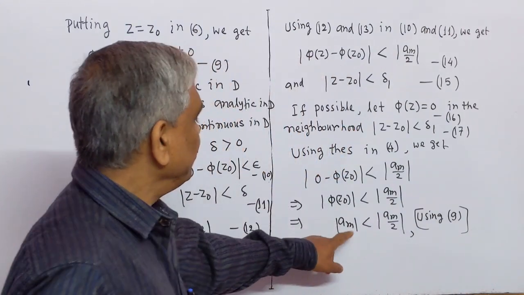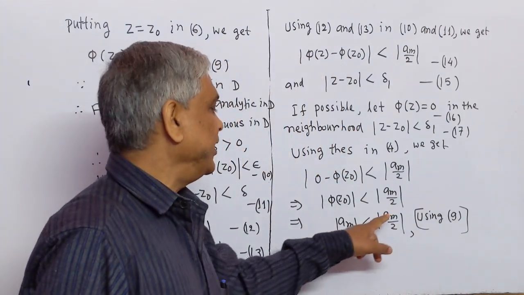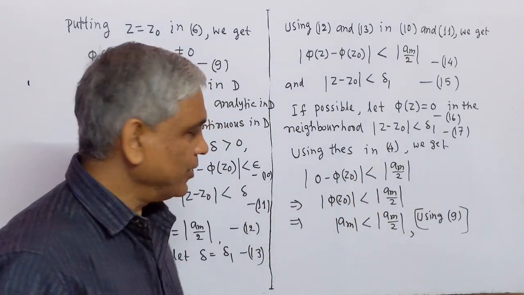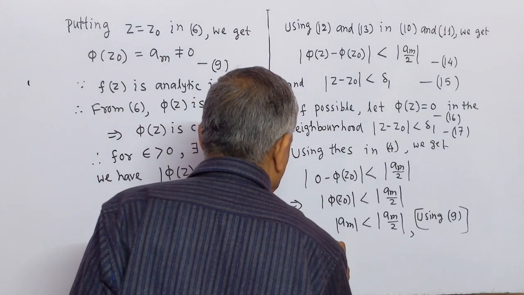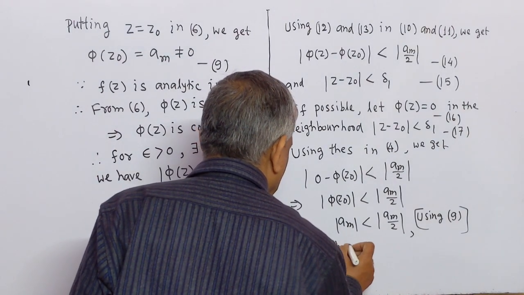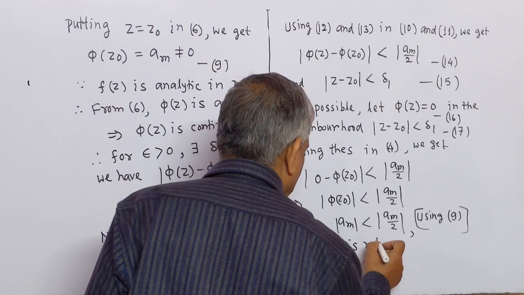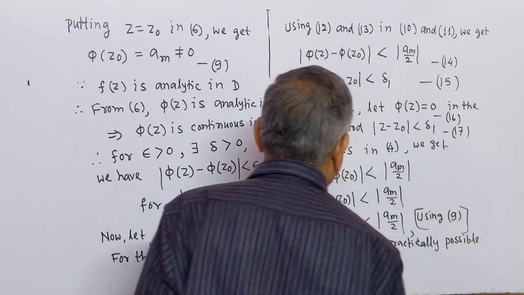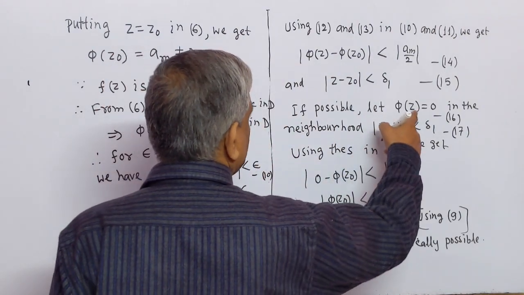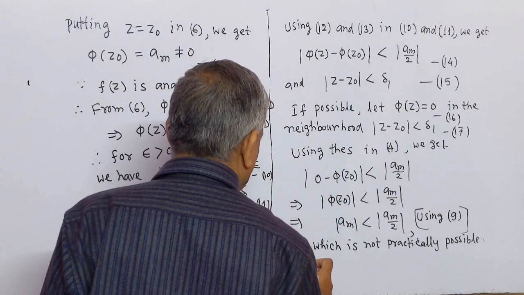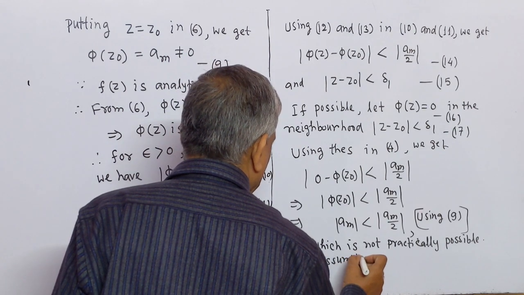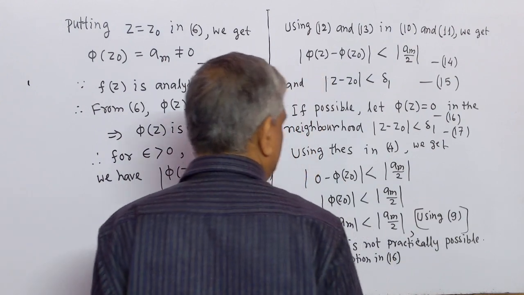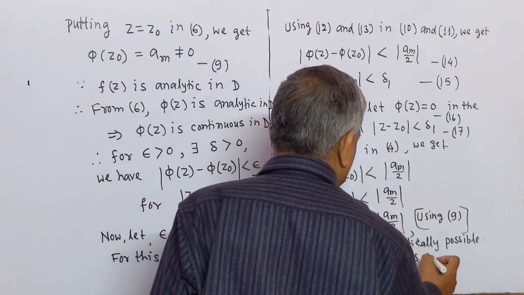Here left side is modulus of a_m and right side is modulus of a_m by 2, which is not possible, which is not practically possible. Therefore, our assumption in 16 is wrong.